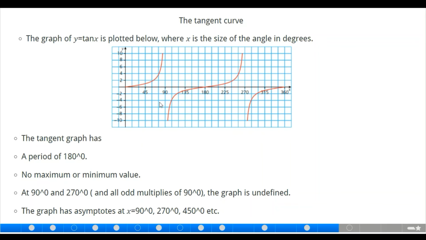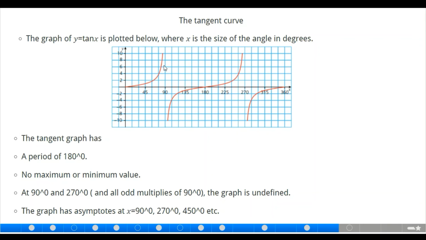The tangent graph has a period of 180 degrees, with no maximum or minimum value. You can see that the curve doesn't stop at any specific point. At 90 degrees and 270 degrees, I always say that all odd multiples of 90 degrees, that is 90 multiplied by 1, by 3, by 5, by 7, and so on, the graph will be undefined. That is, it won't have any specific answer.